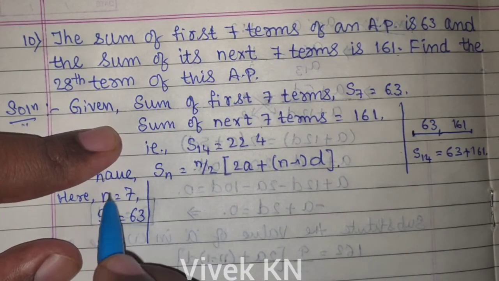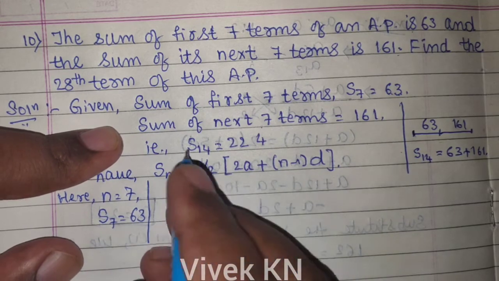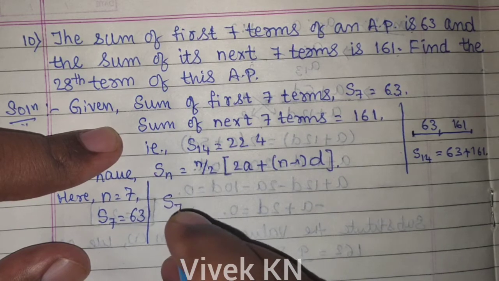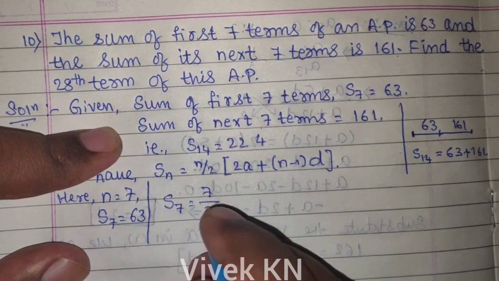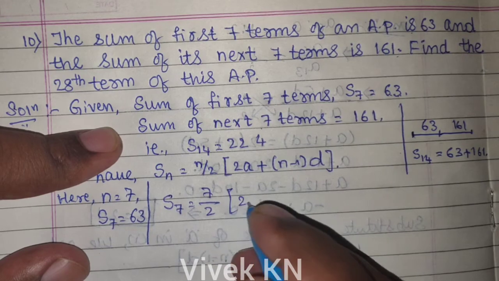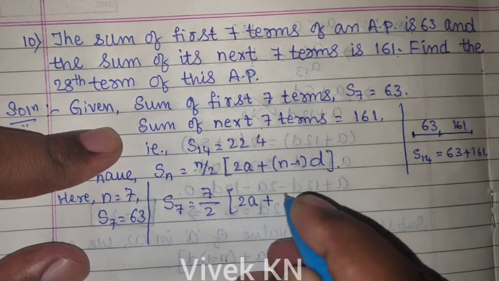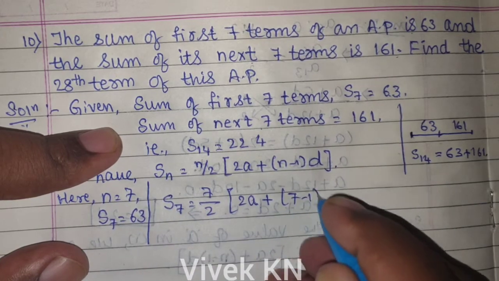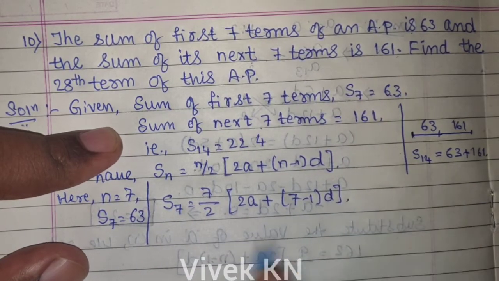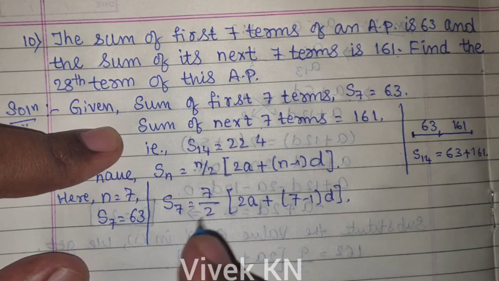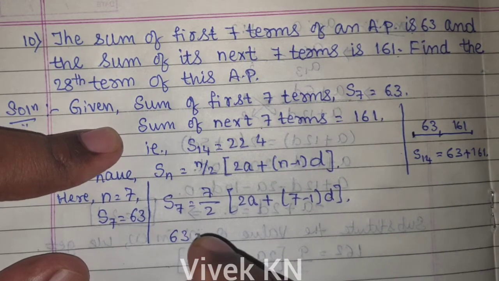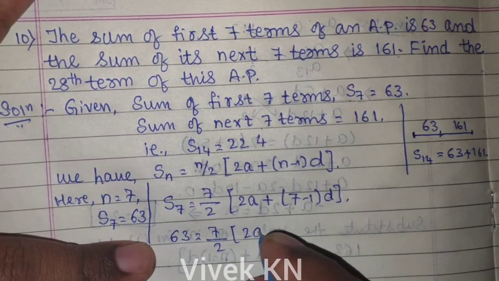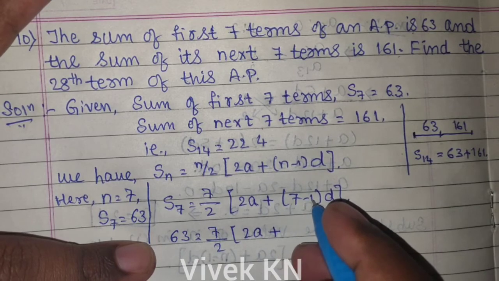Substituting these values, S7 is equal to 7 by 2 into 2a plus 7 minus 1 into d, so 63 is equal to 7 by 2 into 2a plus 6d.